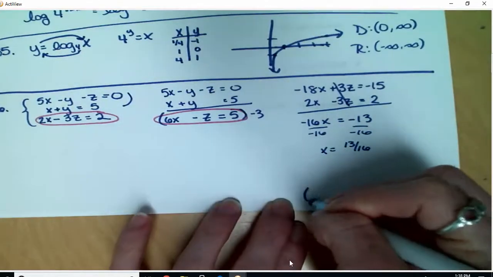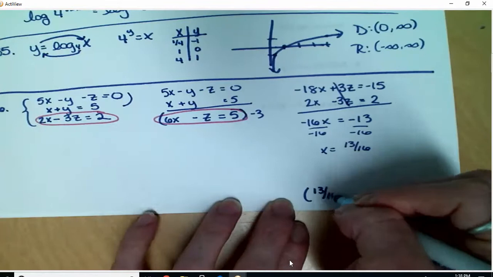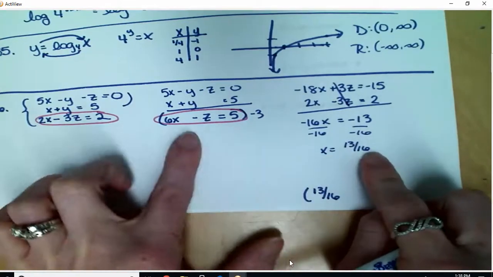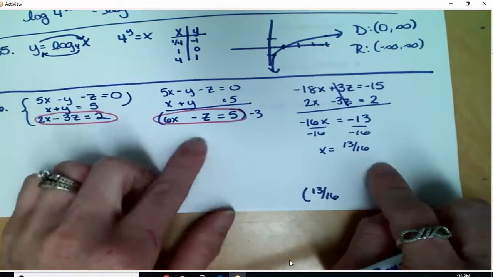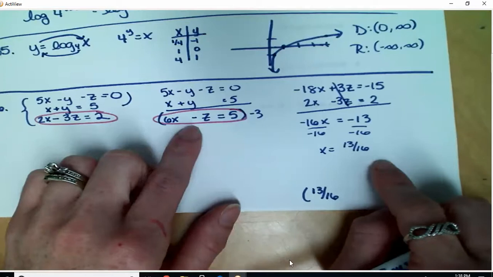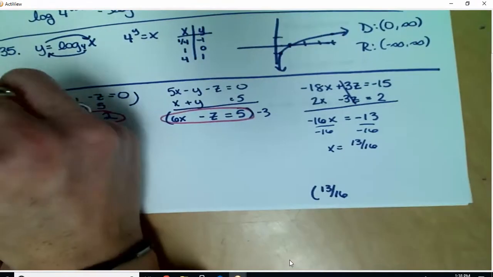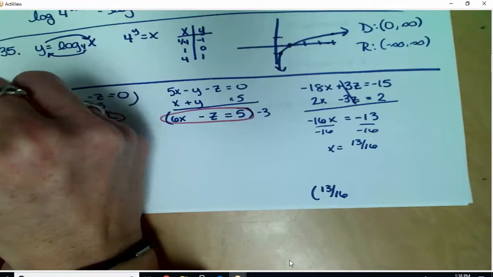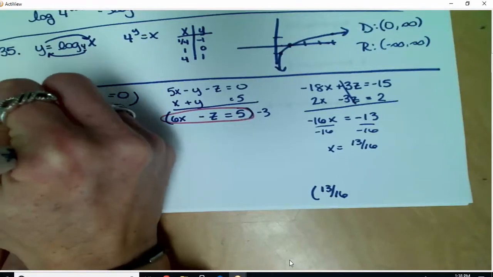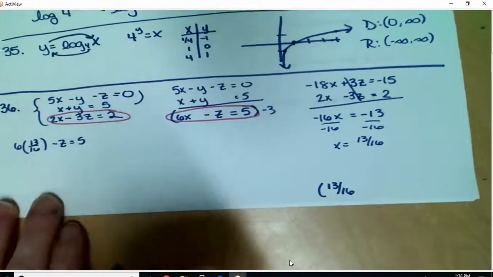So we need x, y, z. I've got my x. Working backwards, I'm going to plug that in to find my y and z. So let's say I plugged it in here. So 6 times x, which was 13 over 16, minus z equals 5.